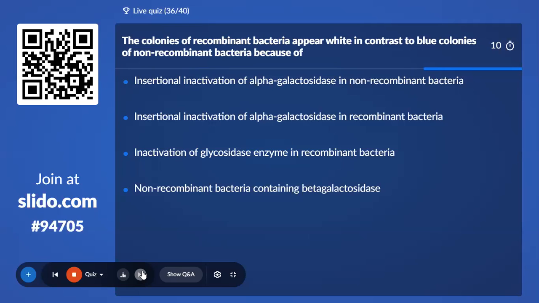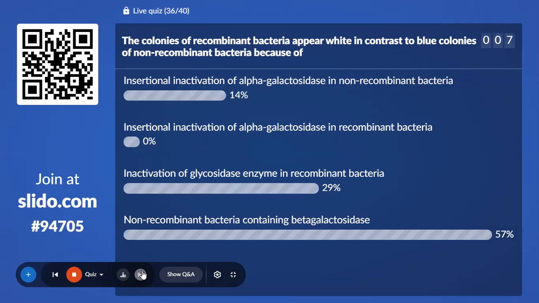Option C, inactivation of glycosidase enzyme in recombinant bacteria. Option D, non-recombinant bacteria containing beta-galactosidase enzyme. Majority vote with option D, and 0% of you guys have given the correct answer for this question.